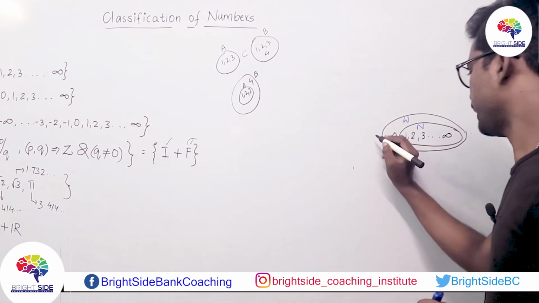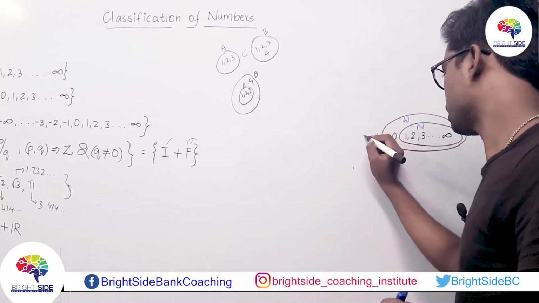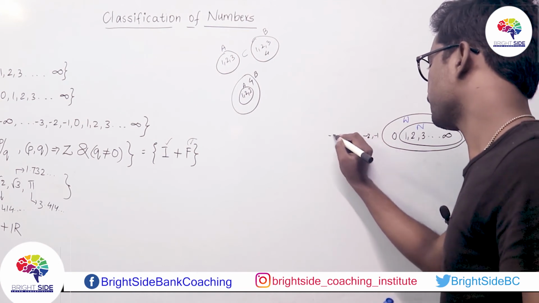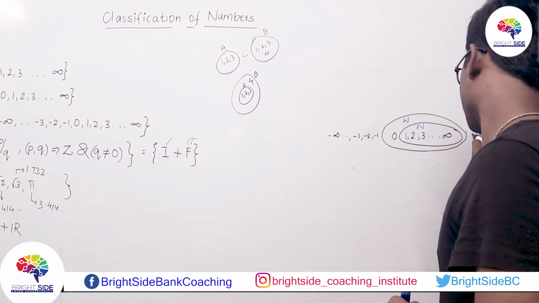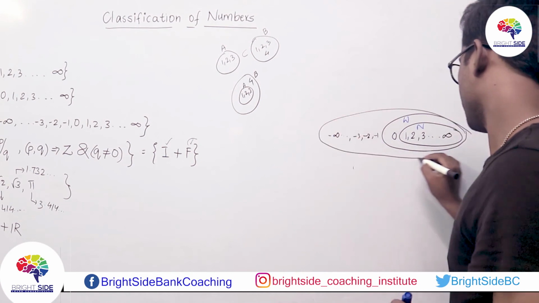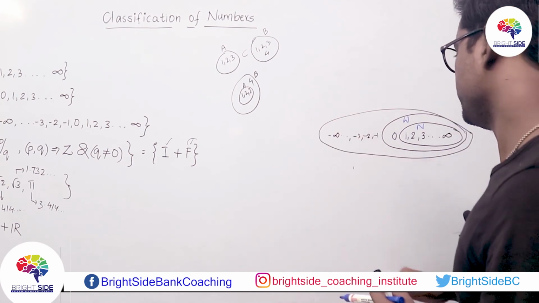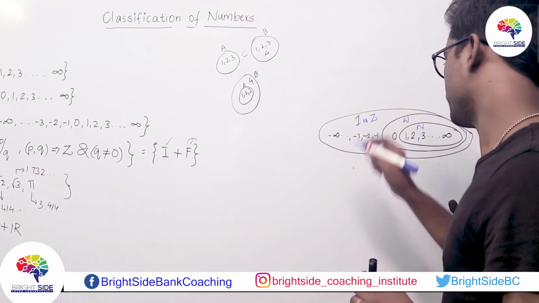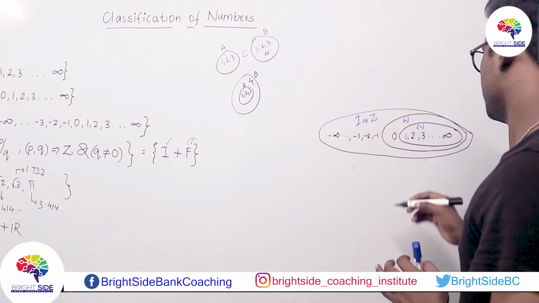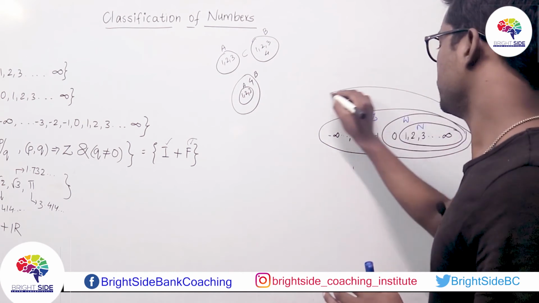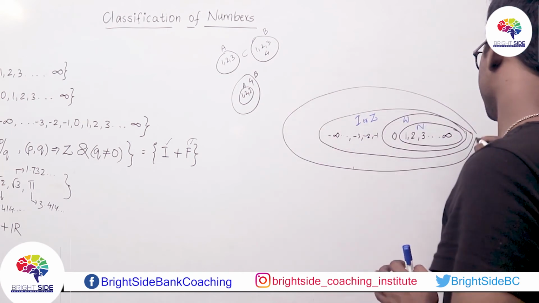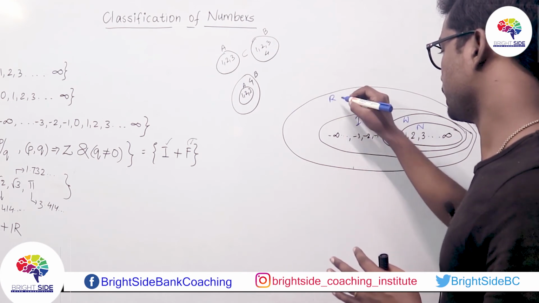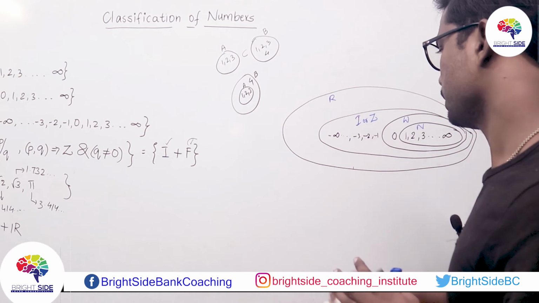So if you add negative numbers to it, this will become integers, I or Z. So all these integers plus fractions will be there in rational numbers.